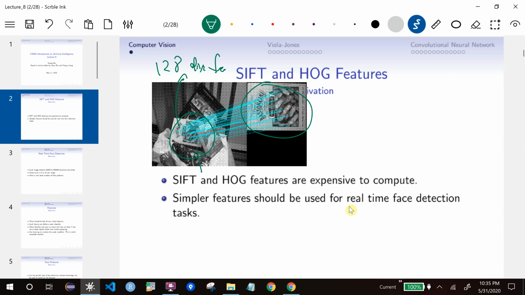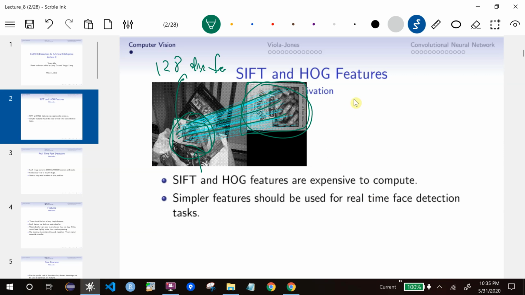And then we do the same thing in the other image. Note that if they represent the same object, then these key points should be the same, and these features should be very similar. So what you do next is match these features, and then hopefully you will be able to find where this object is in the first image. That's the basic idea behind SIFT.